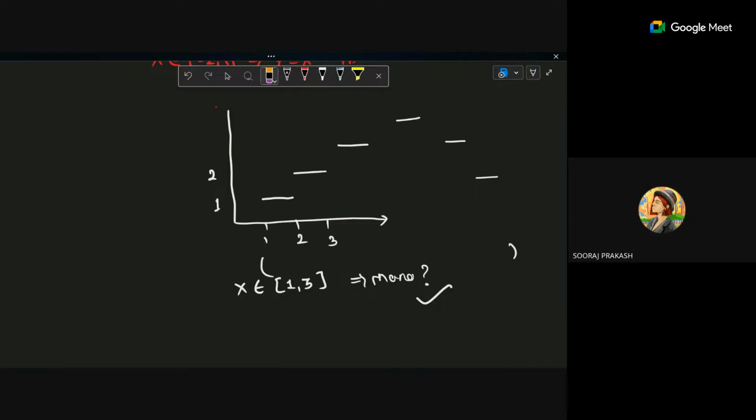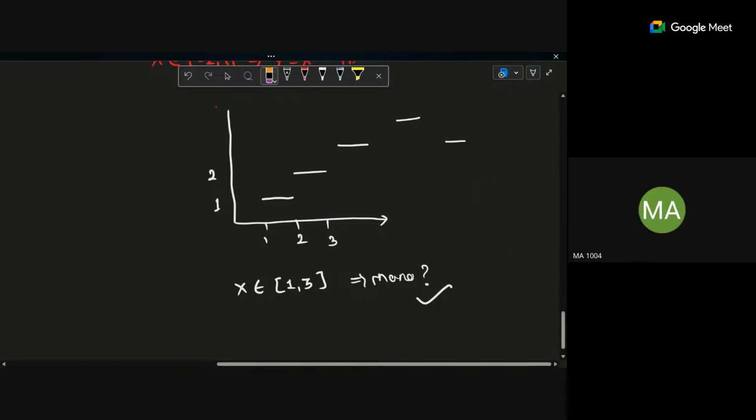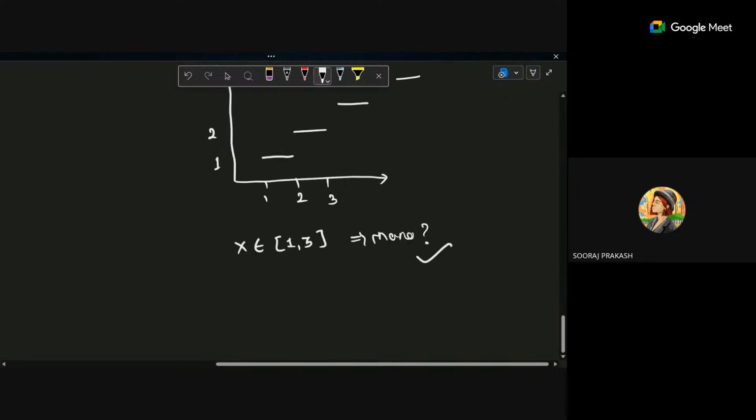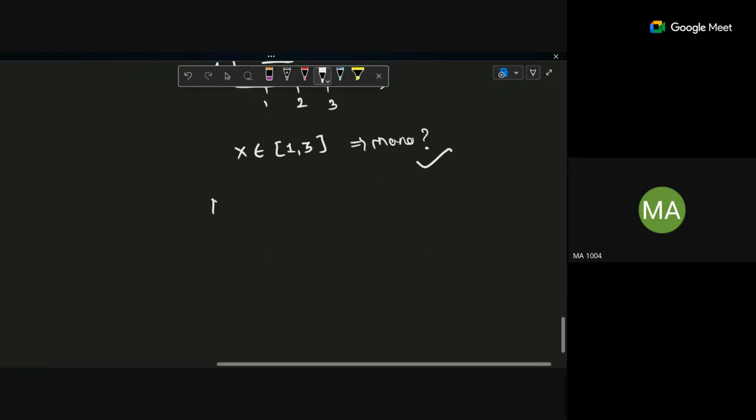Ma'am, can we say in general y should always increase or y should always decrease whenever x increases? For monotonically increasing, we say that if x increases, then your function has to increase.